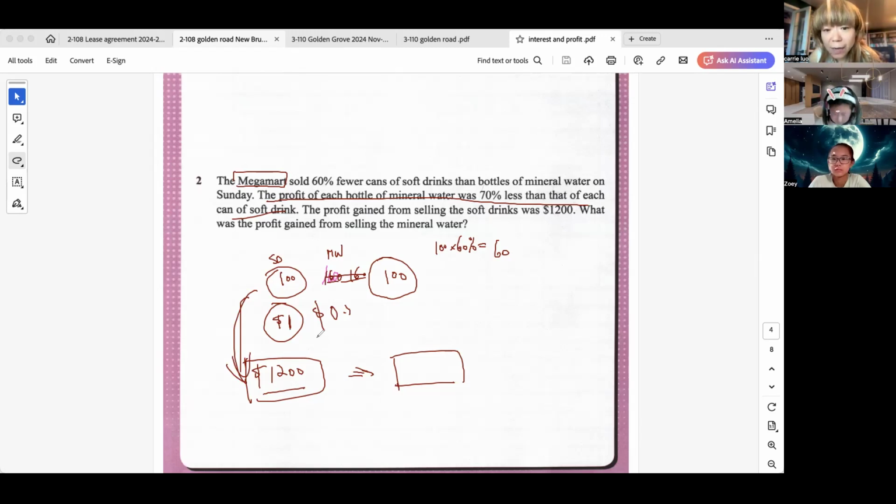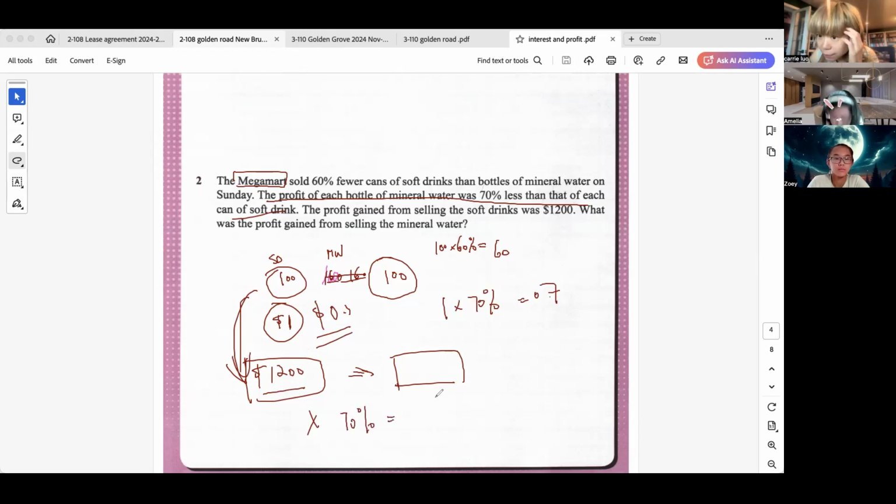How did you calculate $0.3? Because 70% is $1 times 70%, which equals 0.7, right? Okay, so can you do the same thing? Because that says 1,200, and you multiply by what? 70%.